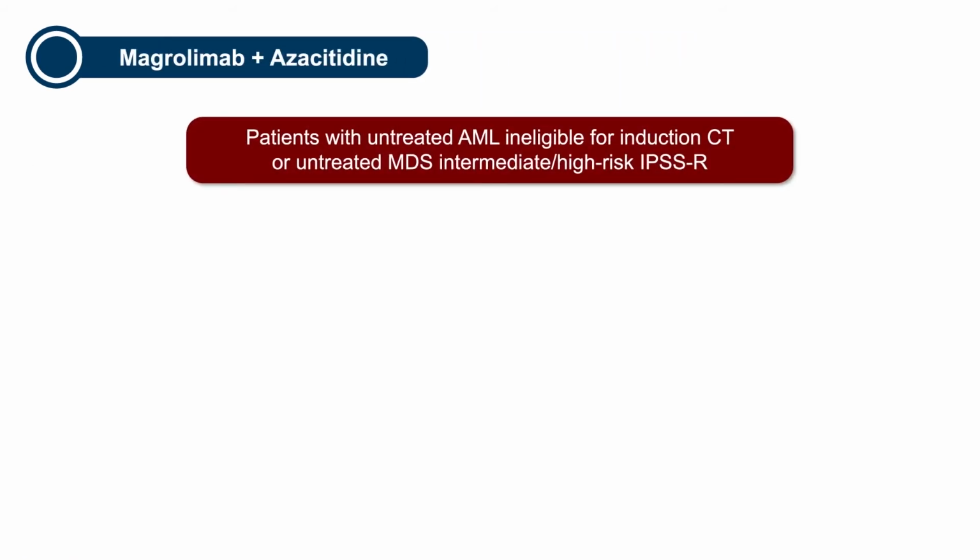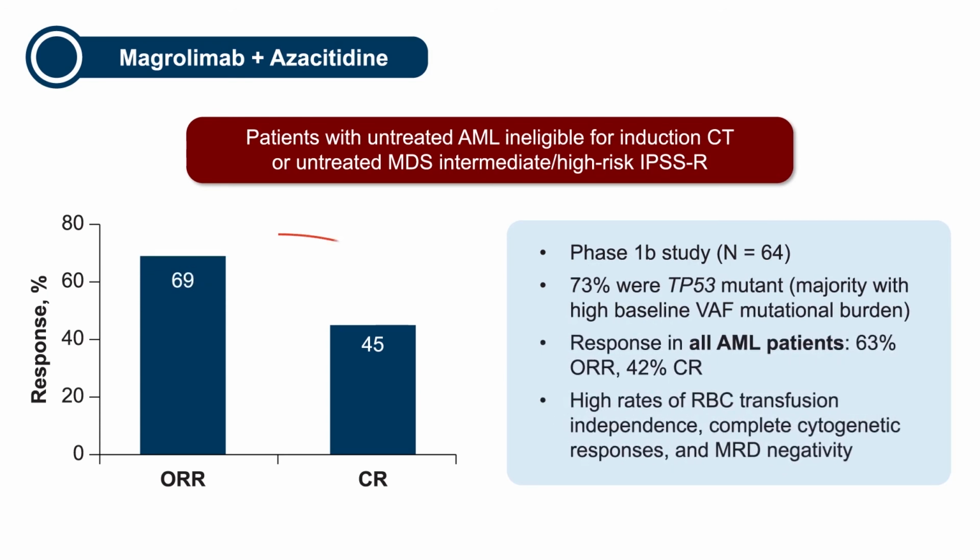Magrolimab, which is an anti-CD47 agent, and azacitidine has been shown to be effective in untreated AML patients who are ineligible for induction chemotherapy, as well as in untreated MDS patients with intermediate to very high-risk disease.